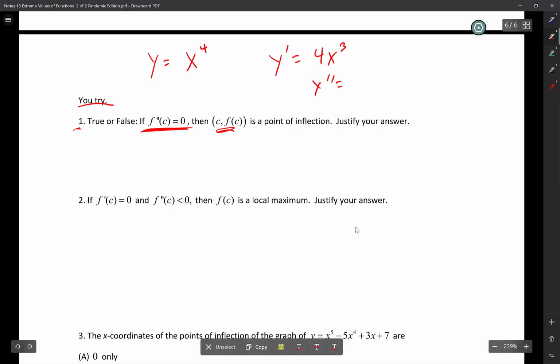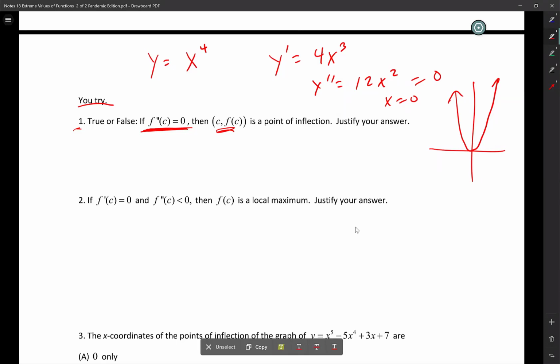The second derivative, 12x squared. Well, look, it equals 0 at 0, but x to the 4th still looks like this. So just because the second derivative equals 0 doesn't mean it's a point of inflection. It's a possible point of inflection. False.